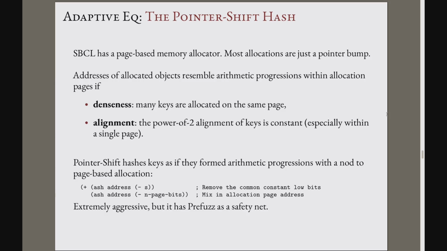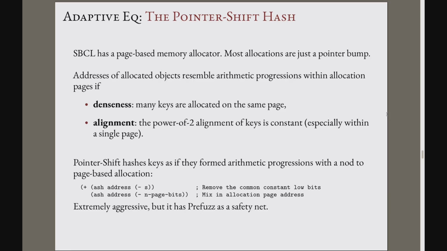So pointer shift is an optimistic construction. It treats keys as if they formed arithmetic progressions. It first shifts out the constant low bits and then does a half-hearted attempt to mix in the address of the allocation page, so it brings some high bits down.